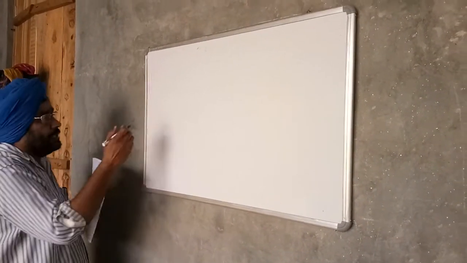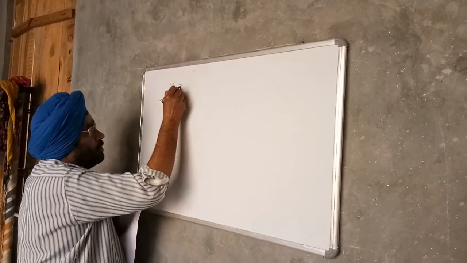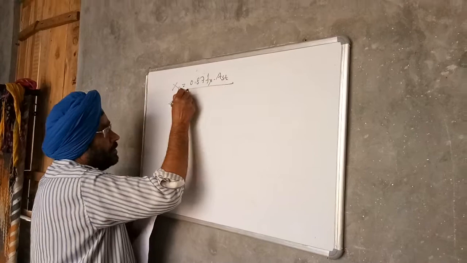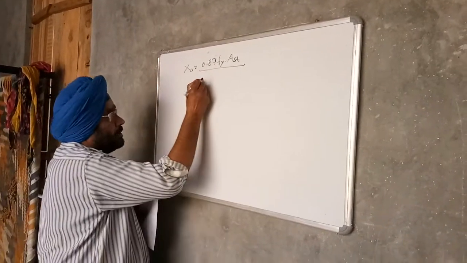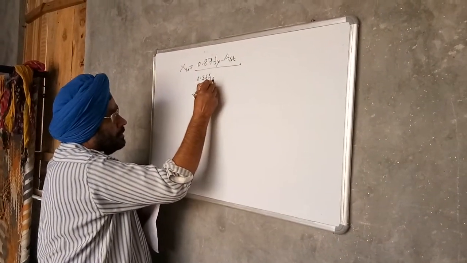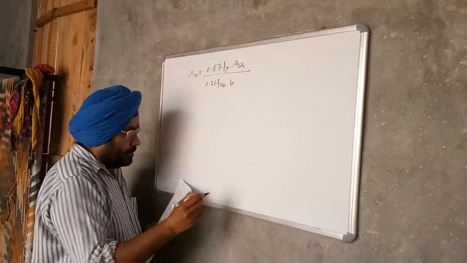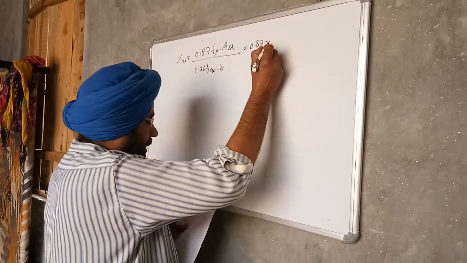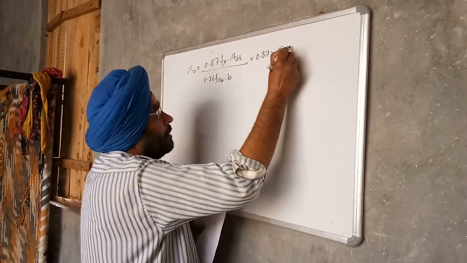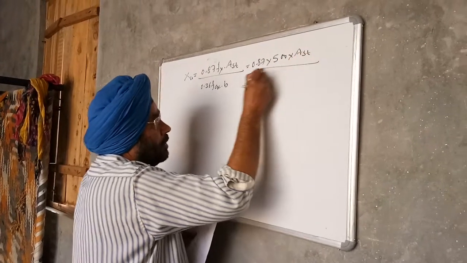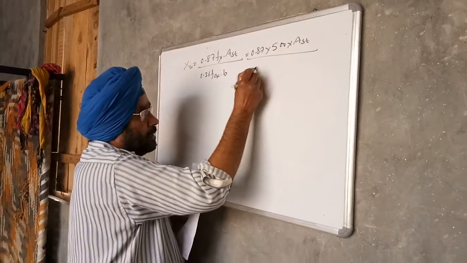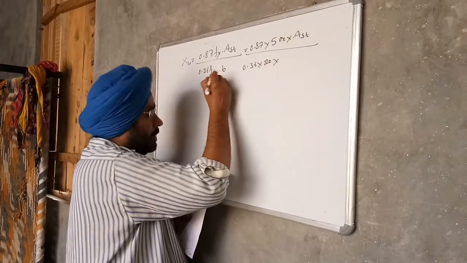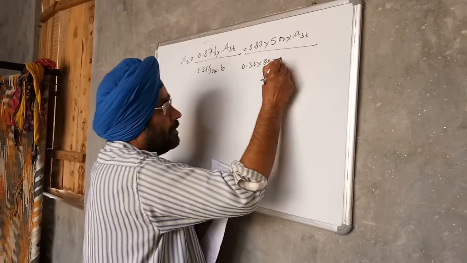The depth of the neutral axis XU is 0.87 Fy AST upon 0.36 FCK B. So it means 0.87, Fy is 500, AST upon 0.36, FCK for M20 grade concrete is 20, and the width of the section is 300.